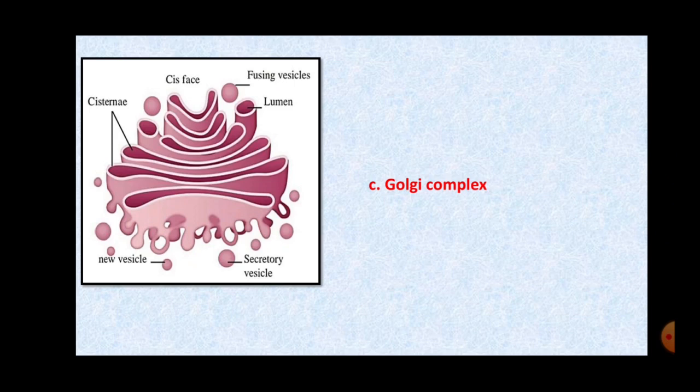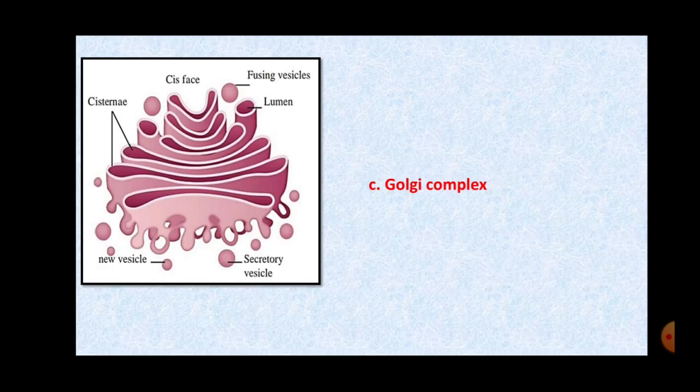As these proteins are passed into the cisternae, they are modified with the help of certain enzymes present in the cisternae. Then they are packed in vesicles. Thus, this Golgi complex is also called the packaging department. As you can see, the new vesicle contains the proteins. So, it is one of the functions.